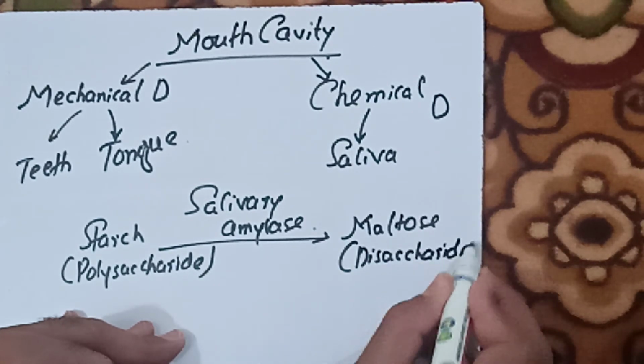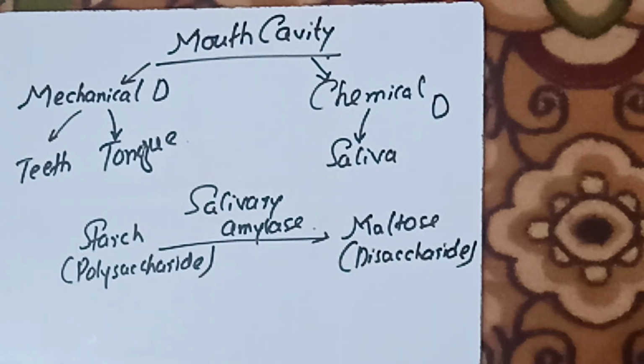Basically starch is a complex molecule made up of many simple sugar molecules, or many glucose molecules.